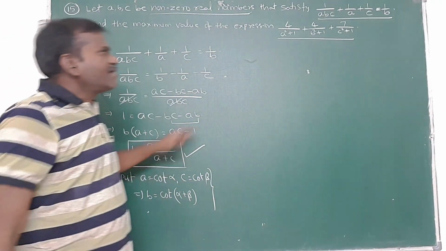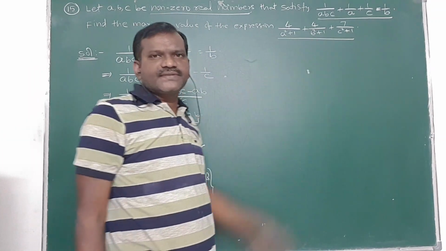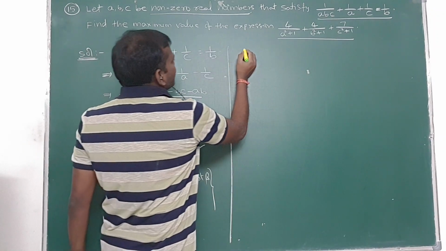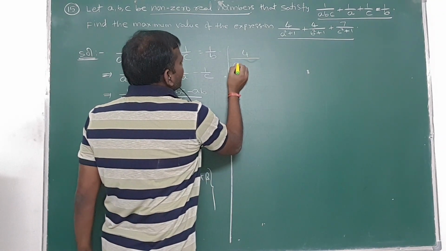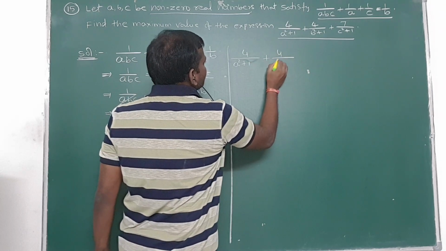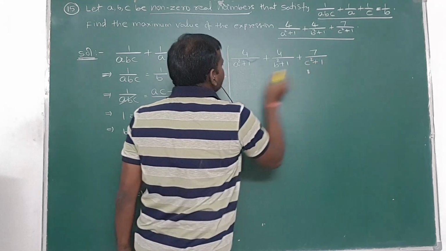Now coming to our problem part, we have to find the maximum value of this expression. So I am taking that part here: 4 by a square plus 1, plus 4 by b square plus 1, plus 7 by c square plus 1.